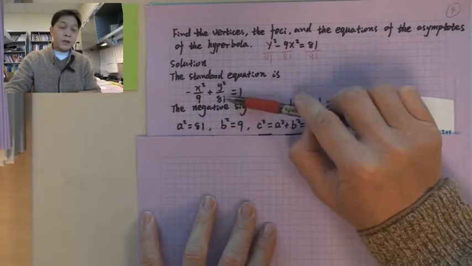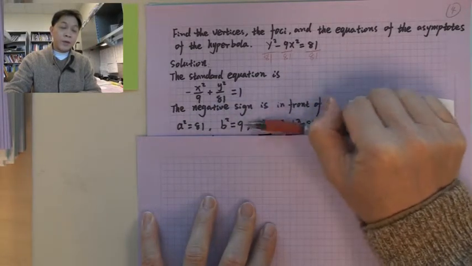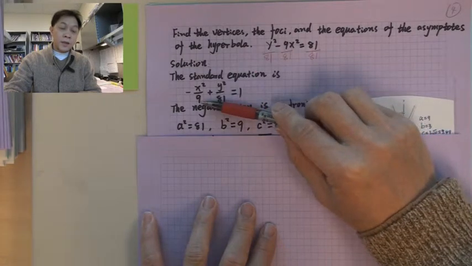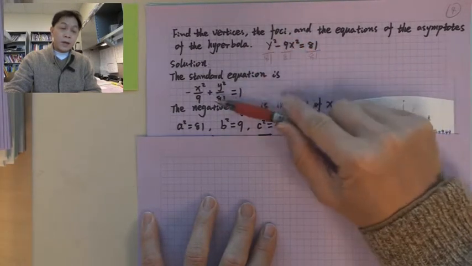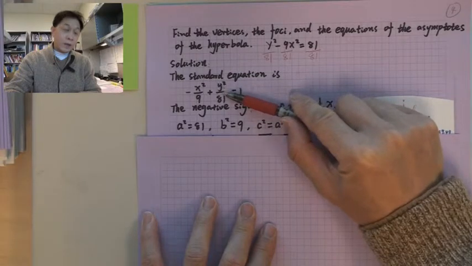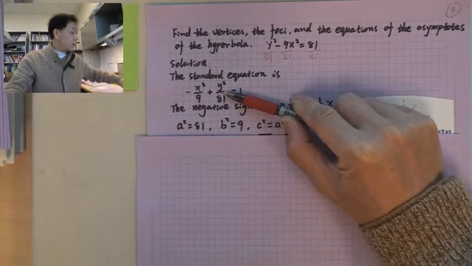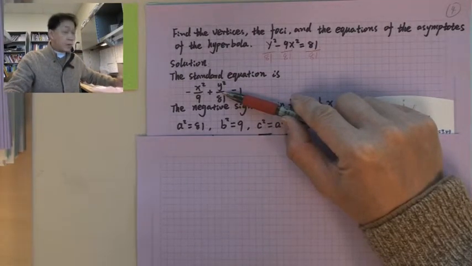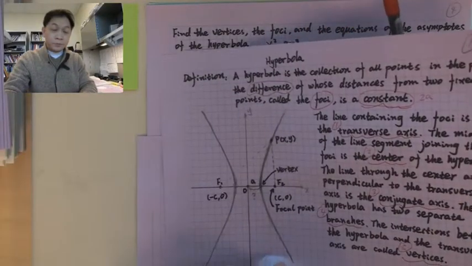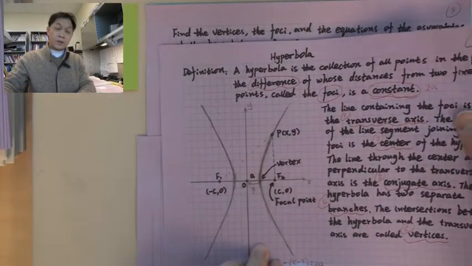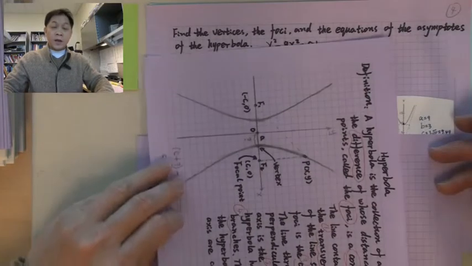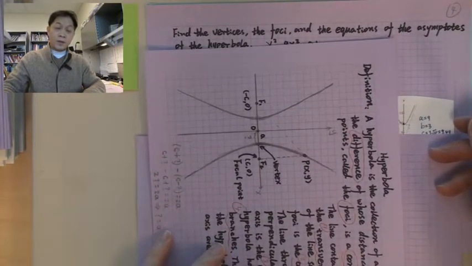So a squared is 81, b squared is 9. A is down below y squared. Previously the example we did was like this. Now it's different. Now it's like this.